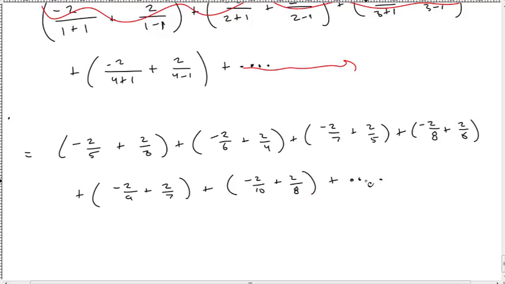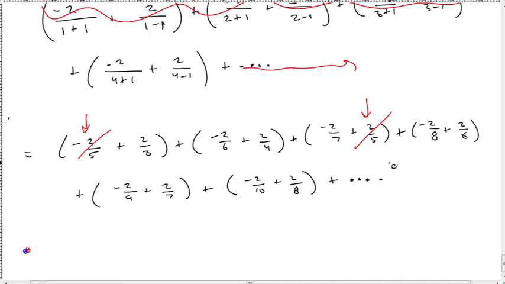I just want to show you what's going on here. I'm looking around, and I feel like there are some commonalities. Notice that we have a negative 2/5, and over here we have a positive 2/5. Get rid of all these parentheses for a minute and just see them as all different numbers. Wouldn't those cancel?